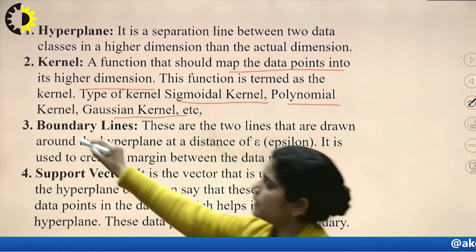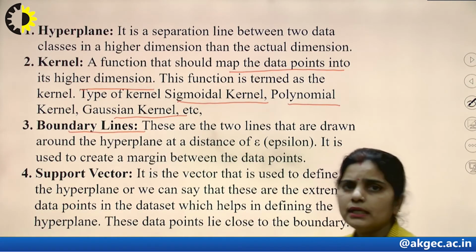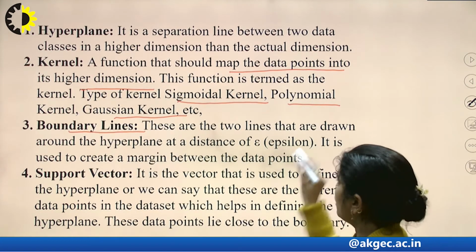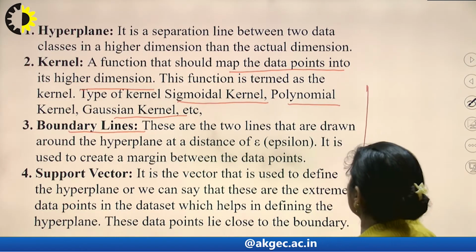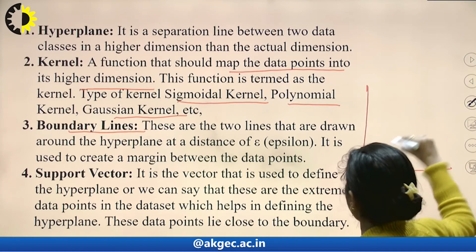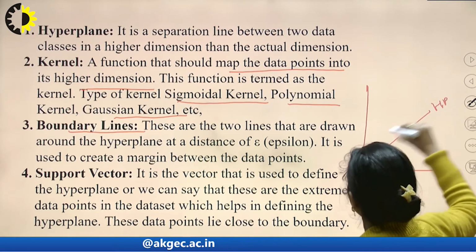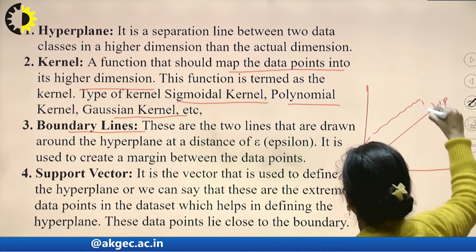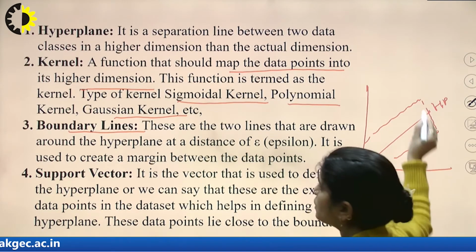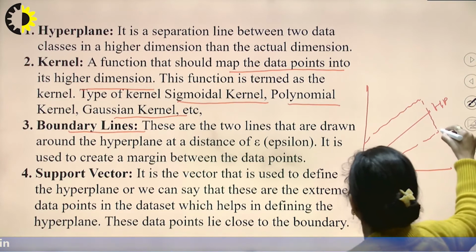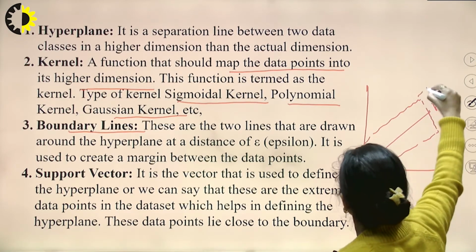Next term is boundary lines. These are the two lines which are drawn around the hyperplane. For example, if this is a graph and suppose this is a hyperplane we have drawn, then this is a boundary line. These are the two lines drawn around the hyperplane at a distance of epsilon.